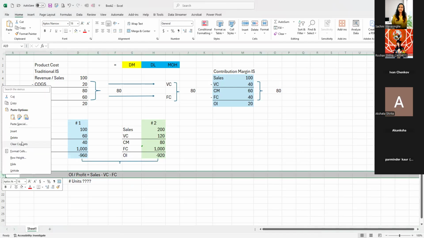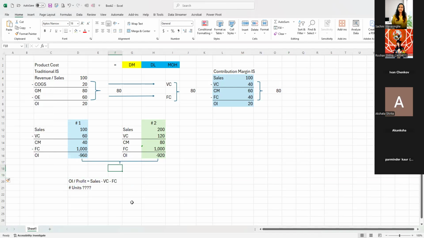Now I'm losing only $920. How much did the loss decrease? 40. This one minus that one. It decreased with $40. Let's make it positive. Increase with $40. My loss decreased by $40. Why $40?